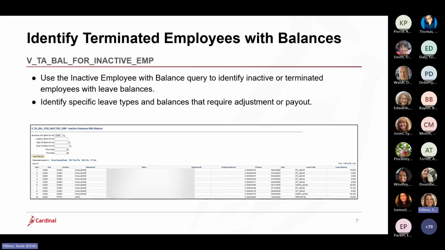There's multiple ways that you can run this query, and this query will pull all of the remaining balances for all employees for any date range that you select. So this query will still be useful for you, even though you can now use the new zero out page, because there have been no changes to this query. So it's still a useful tool for you to utilize.